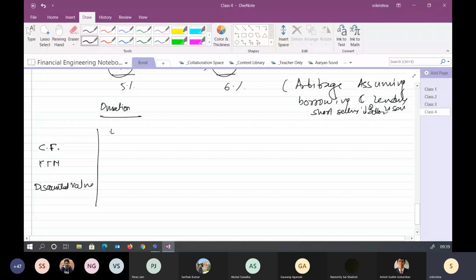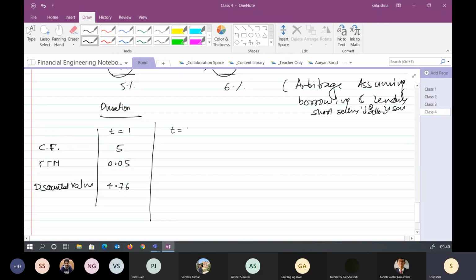So this is for t equal to 1. The cash flow is going to be 5, YTM is 0.05. So what would be the discounted value? It will be simply 5 divided by 1.05, so the value would be around 4.76.